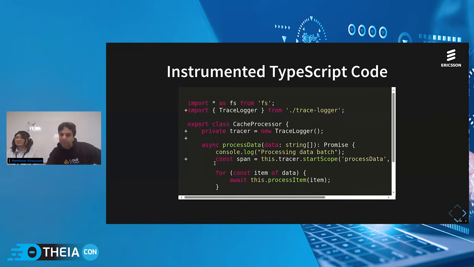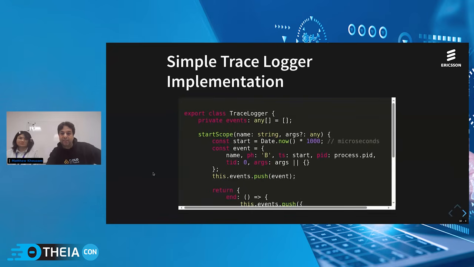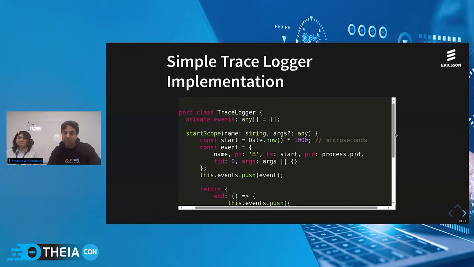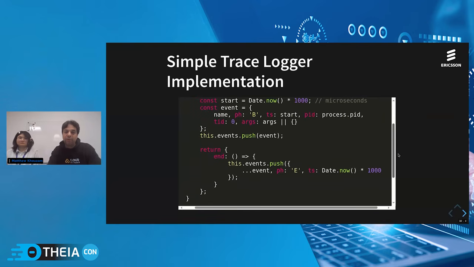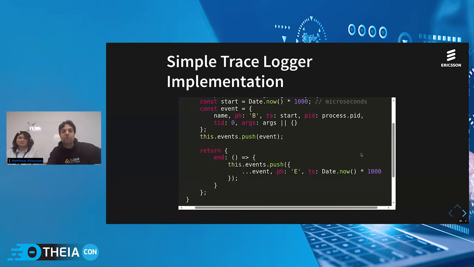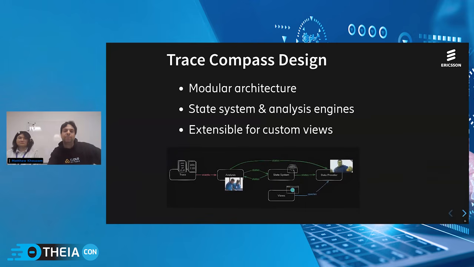You make a span, and when you exit the span, it exits. Then I'm going to just scroll down very quickly. You'll see that at the end, you push all your events, and it would be pretty good, pretty accurate, and exception-proof.